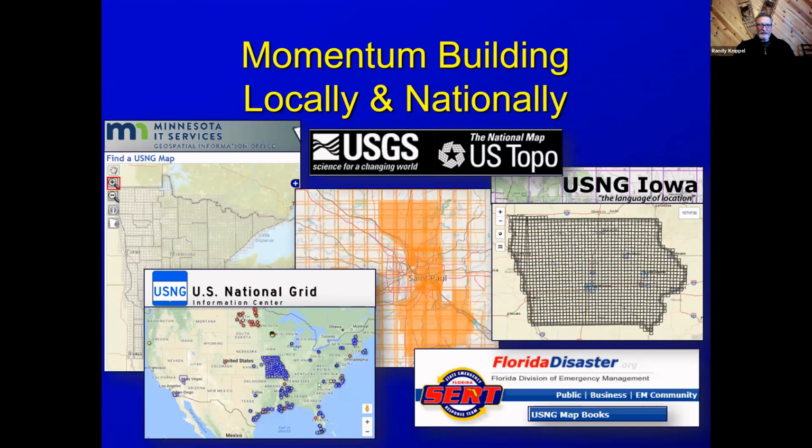We can see a number of states that have national grid maps now. That capture in the lower left corner is outdated. We do have maps for all of the state of Minnesota and Iowa.